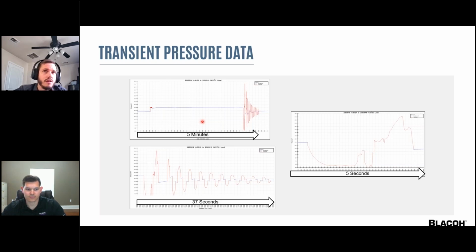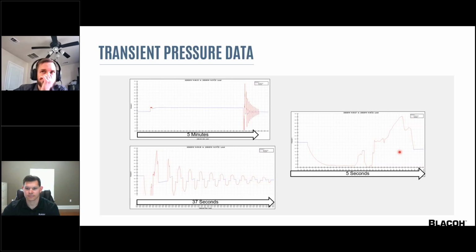For example, you can zoom in on the operations here to get this graph of 37 seconds. And then even further, if you want to zoom in here to the first oscillation, you can get this graph of the 5 seconds.